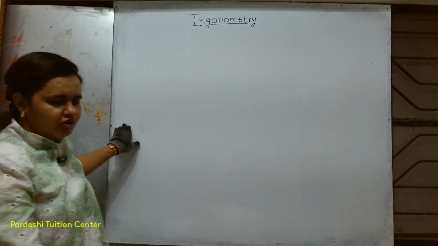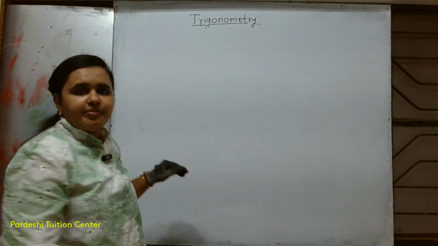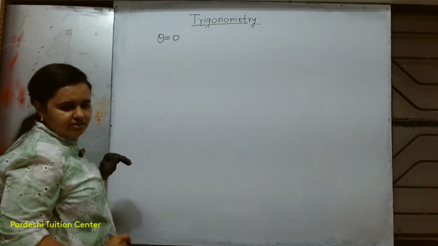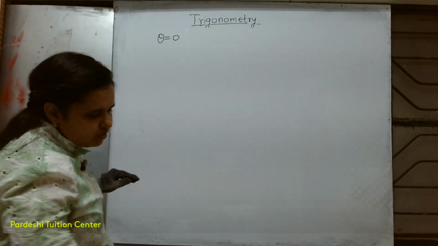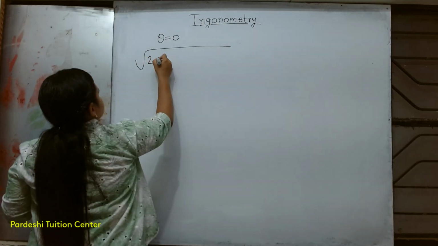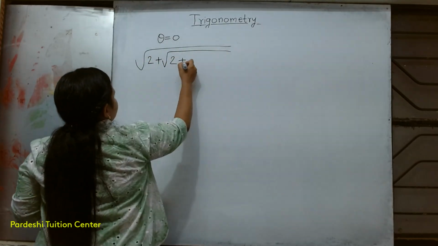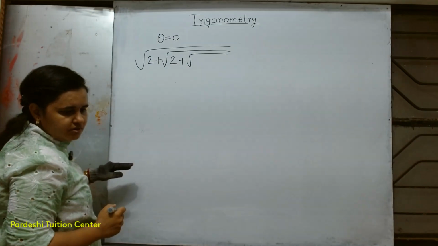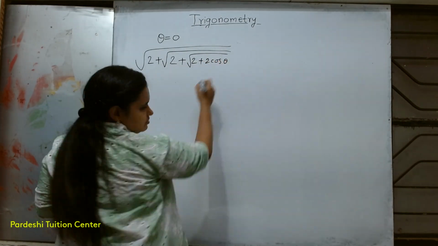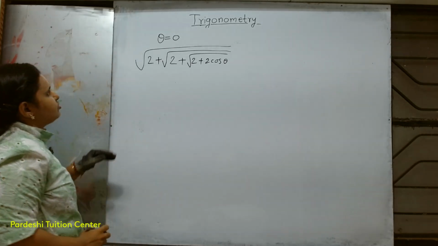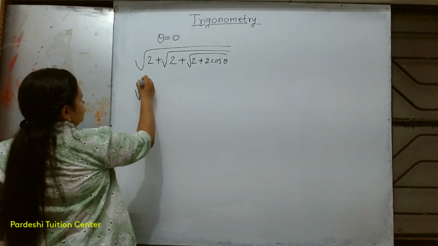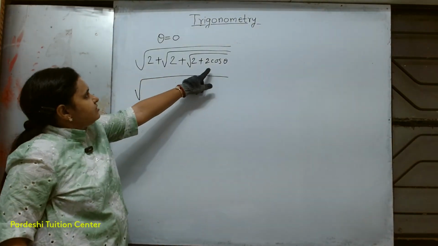But this is a very long method. We can also solve it by just putting theta as 0. If we put theta as 0 in the question, it is under root of 2 plus under root of 2 plus under root of 2 plus 2 cos theta. We can take any angle.